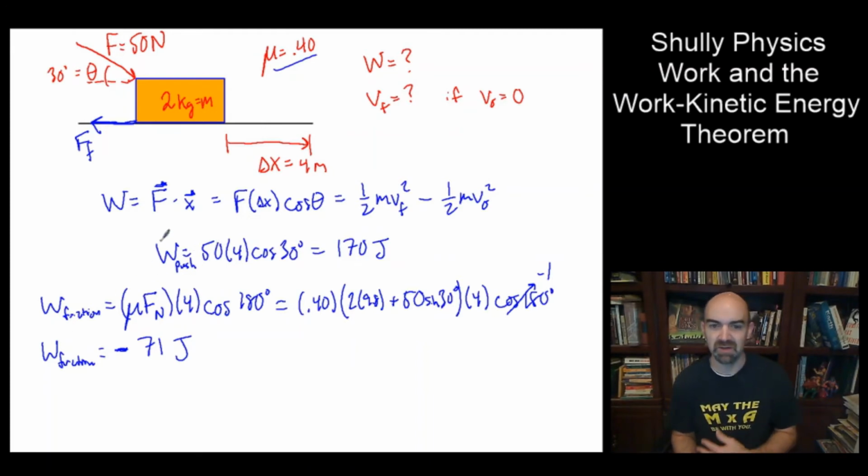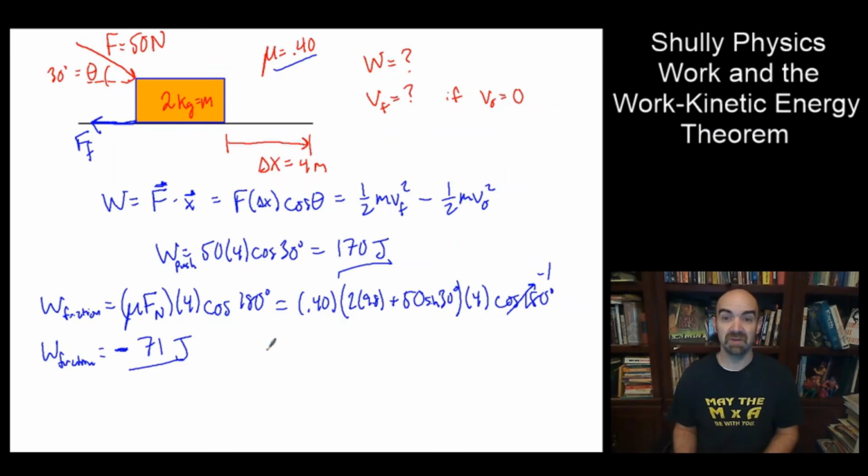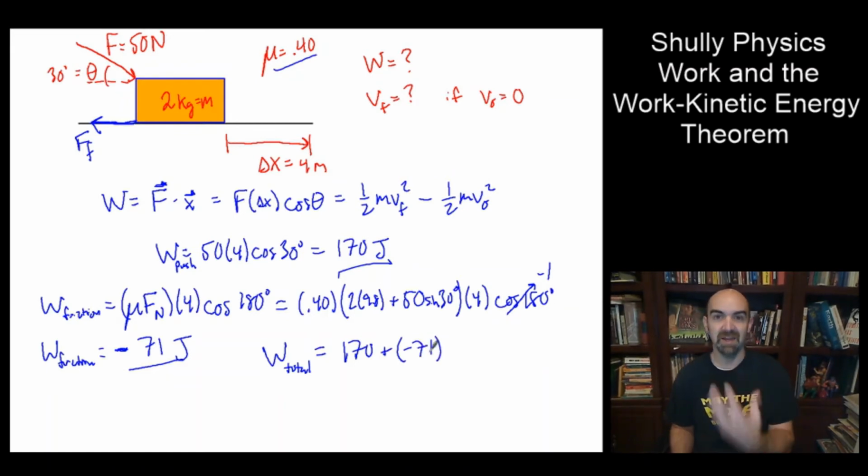So we got the work done by the push is 170 joules. The work done by friction is -71. So the total work done by these two forces is 170 plus a -71. We're adding the amount of work from each of those, and we get 99 joules.